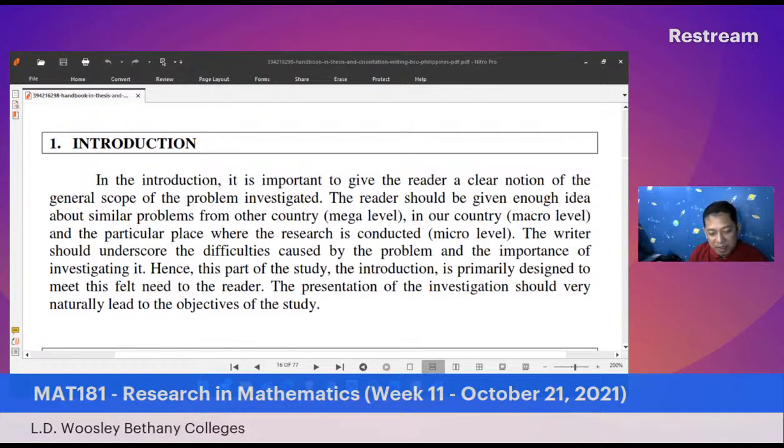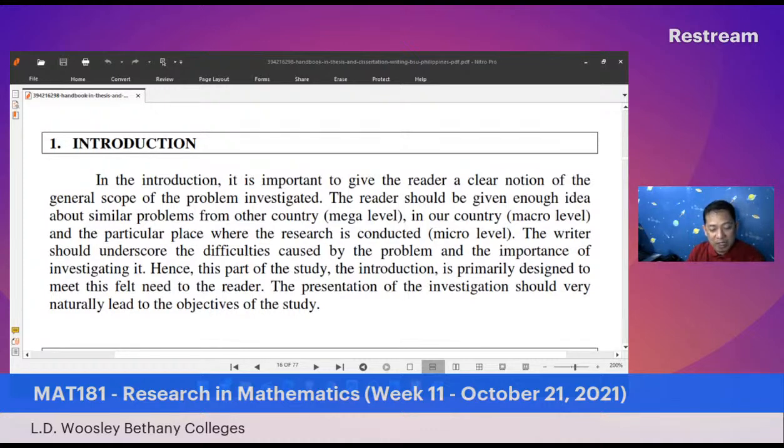I'm explaining the different parts of our research, the format. Now we already have the front matter or the introductory matter, and then we have the body. So far we are on the background of the study, but the problem and its background, the first and foremost, we should have an introduction, and the reader should be given enough idea about similar problems from other countries.